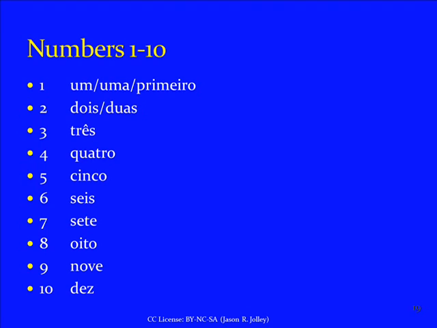Number 2 also has a singular and a masculine form, dois, or duas. Most of the time when we're dealing with dates in Portuguese, we're going to be using the masculine form, dois.